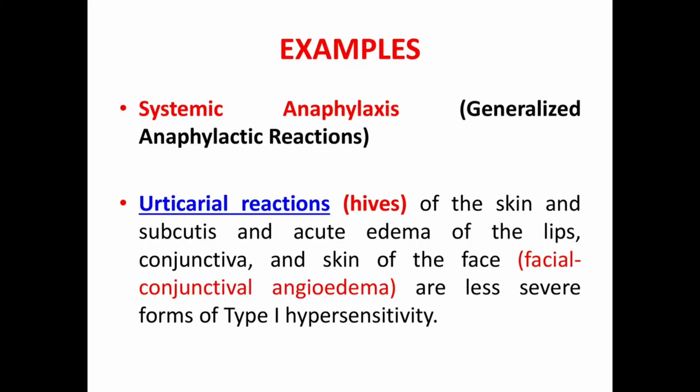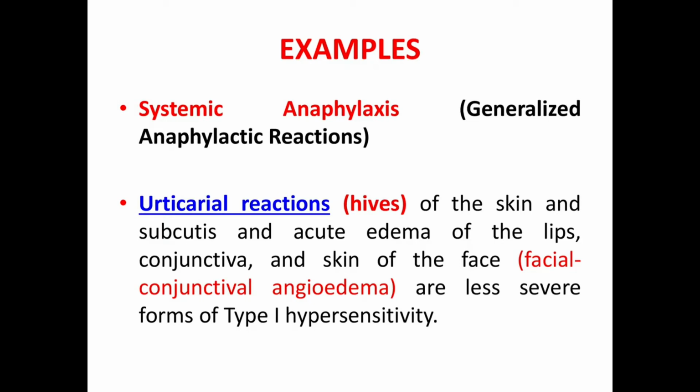One is systemic anaphylaxis or generalized anaphylactic reactions, and there are urticarial reactions or hives of the skin and subcutis, and acute edema of the lips, conjunctiva and skin of the face, that is facial conjunctival angioedema. These are the less severe forms of type 1 hypersensitivity. So these are the generalized forms.